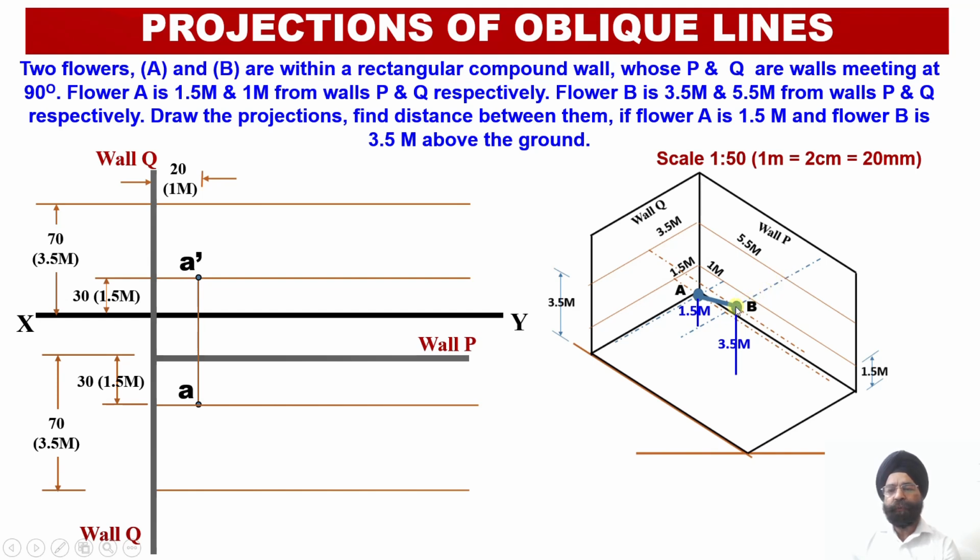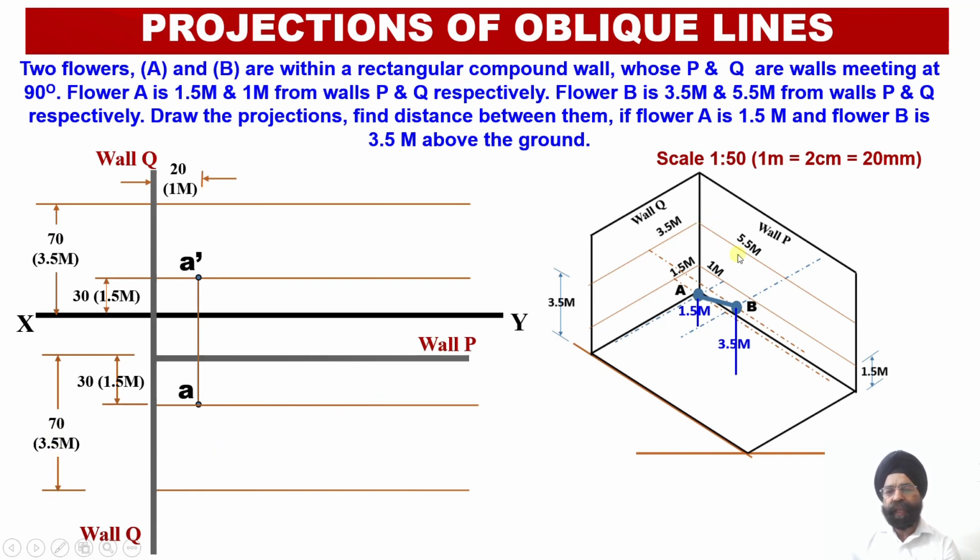And in order to fix the coordinate location corresponding to the point B, we also know that the distance of point B from the wall Q happens to be 5.5 meter. So here we have got the wall Q. Wall Q we have marked over here. We have also marked the distance of this point B from the wall P.